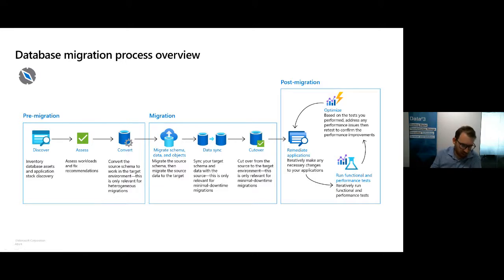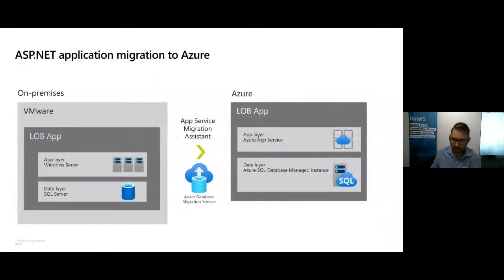We saw in the questions, and it's very clear, that databases are intrinsically tied to applications. And while I'm not going to dwell on applications in this webinar, suffice to say that we need to think about migrating our applications at the same time. So there's a tool called the App Service Migration Assistant, which is really for that app load, particularly if you're using web services.